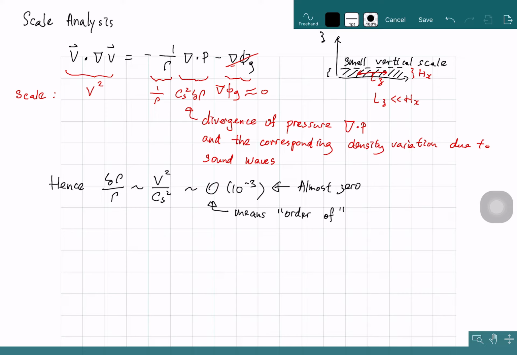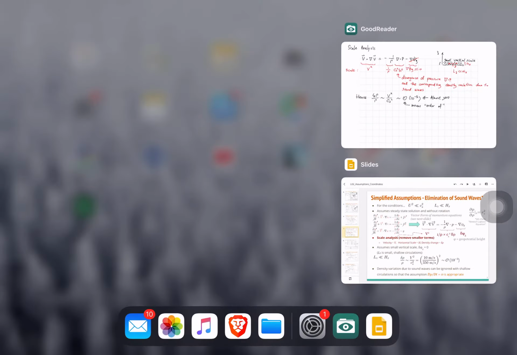If it's a shallow layer air motion, we can ignore the density variation, which means that we can think of the atmosphere as an incompressible fluid. So if we do the total derivative of density, this approximation is appropriate if the 3 conditions are fulfilled.